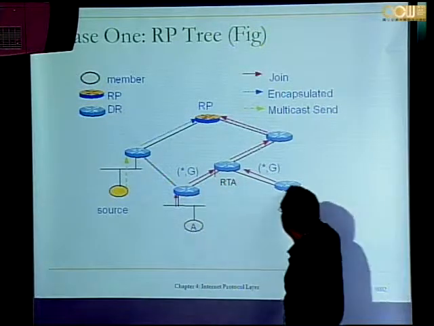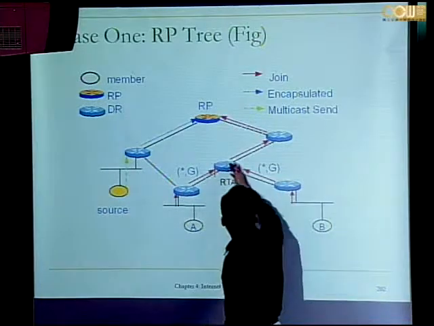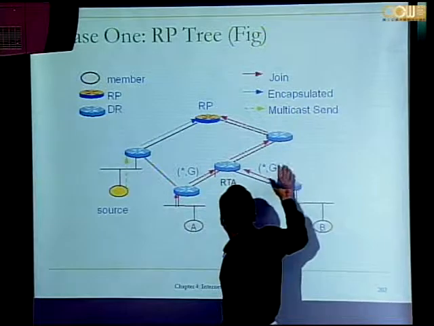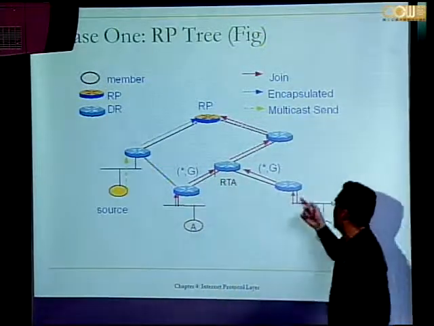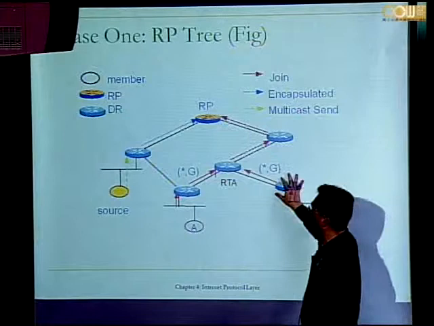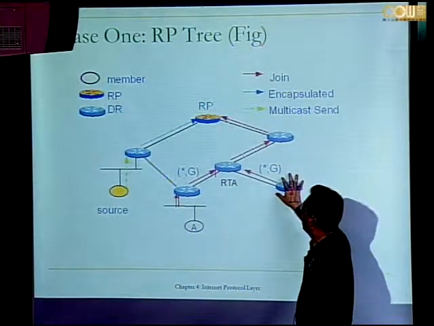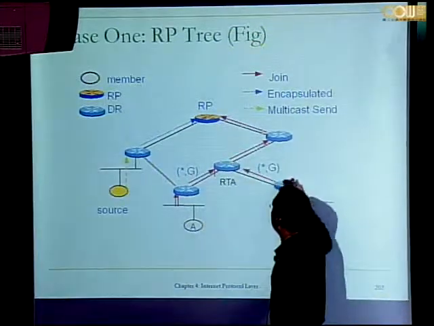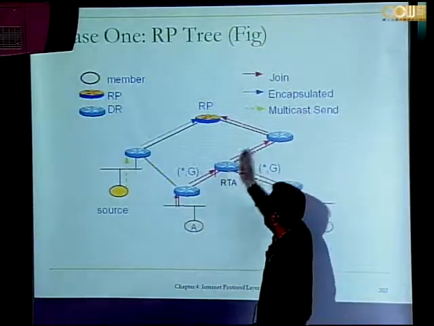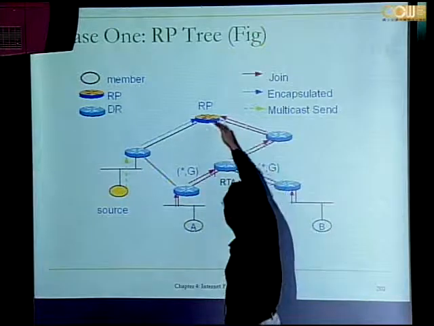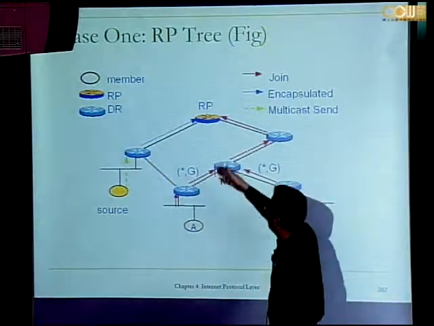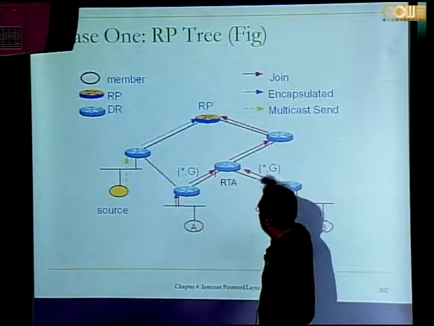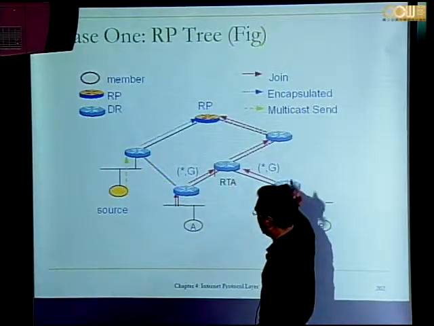Since these routers also do hashing, they know that if this guy sends a join message, the RP of this multicast group is this one, so they will send a join message in that direction. They'll also send a join message in that direction, and it will be pruned because this is a duplicate.